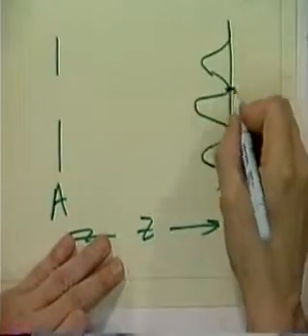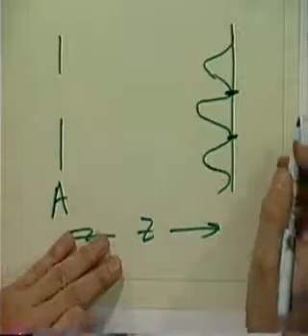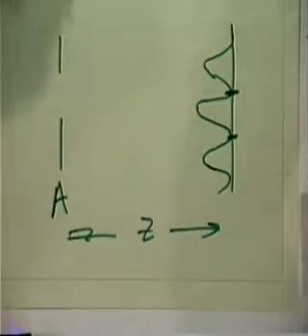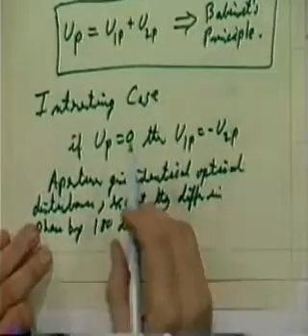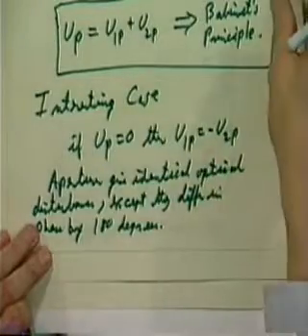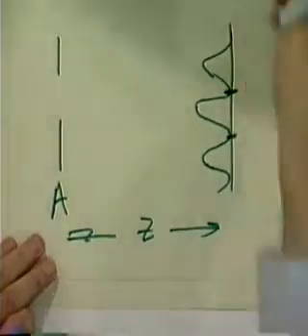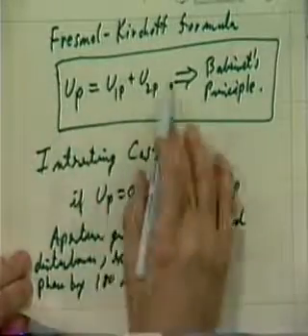If I have some location over here where this is 0, maybe another location where this is 0, then that's when I can make use of this relationship right here.